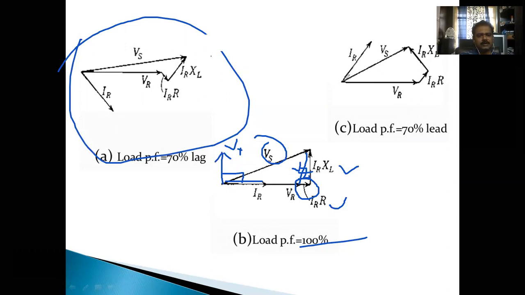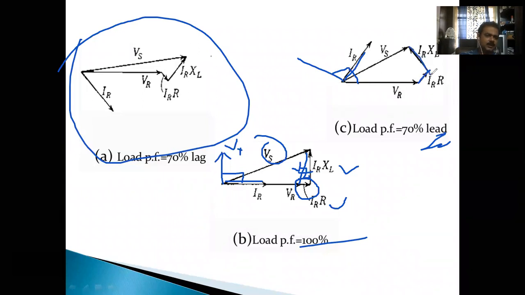Now this is the receiving end voltage. Here the current value leads the voltage by an angle. Here it is leading power factor. So the voltage drop across resistance is in phase with IR. And also the reactance drop is always 90 degrees.